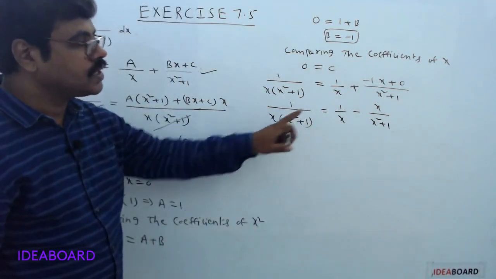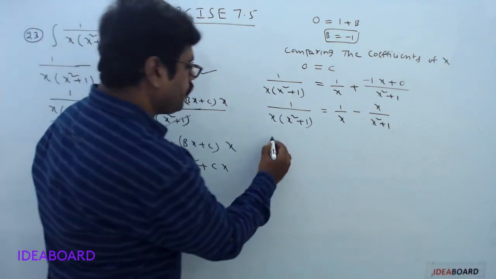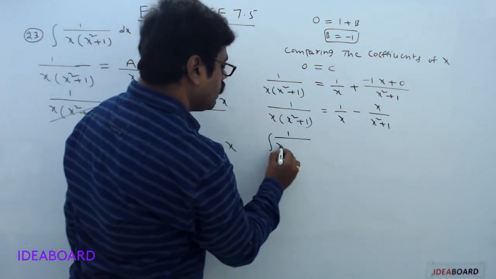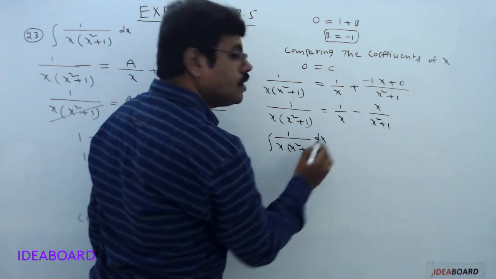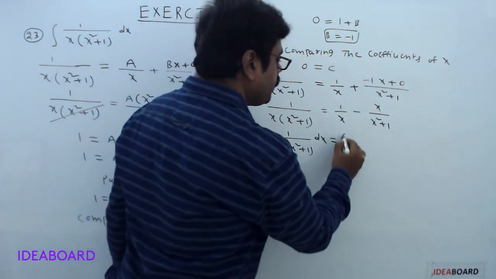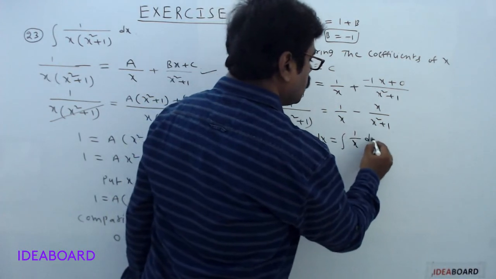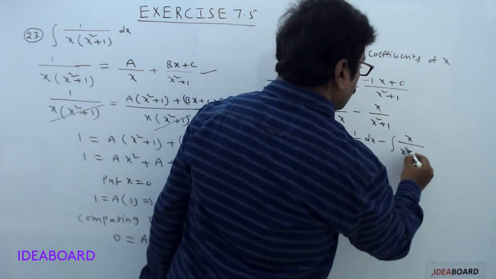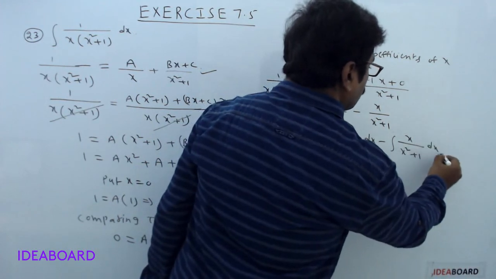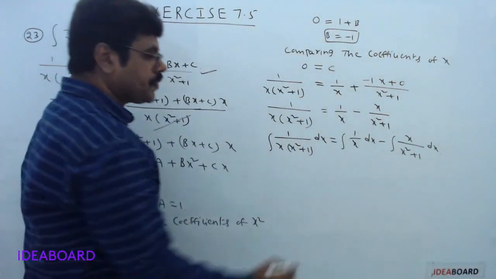Now integrating on both sides with respect to x, integral 1 divided by x into x square plus 1 dx equals integral 1 by x dx minus integral x divided by x square plus 1 dx.